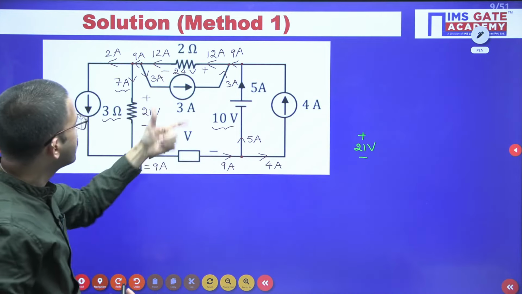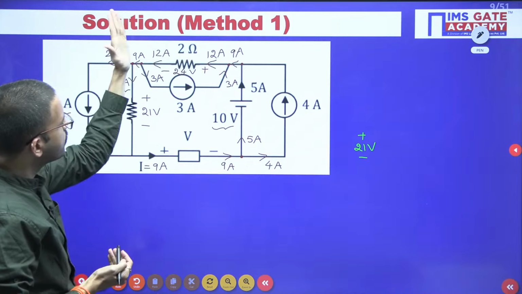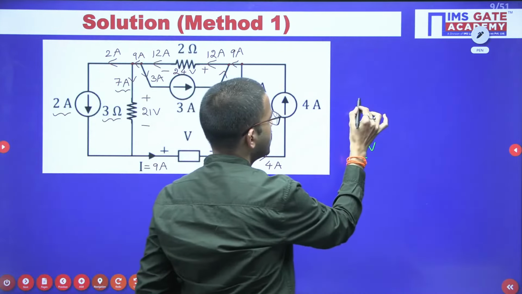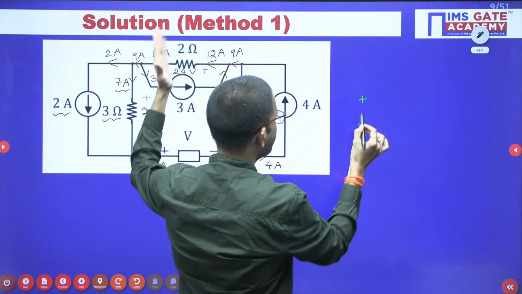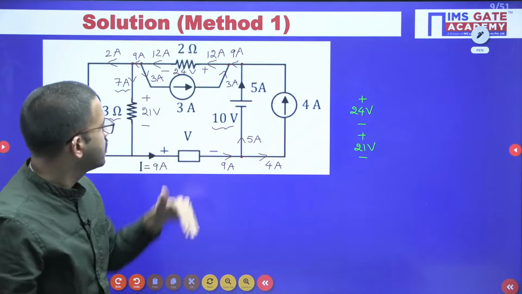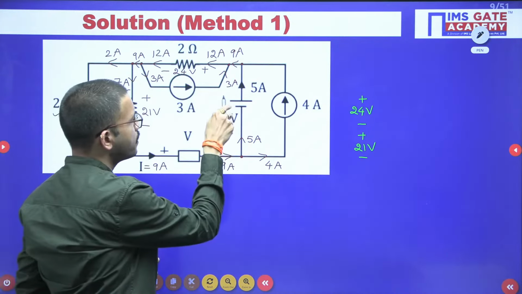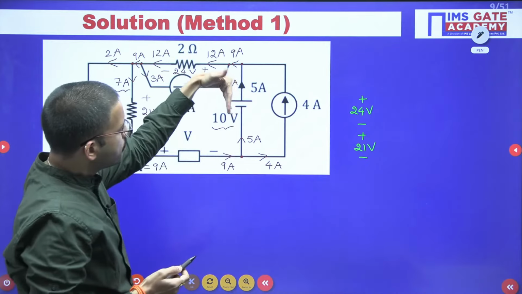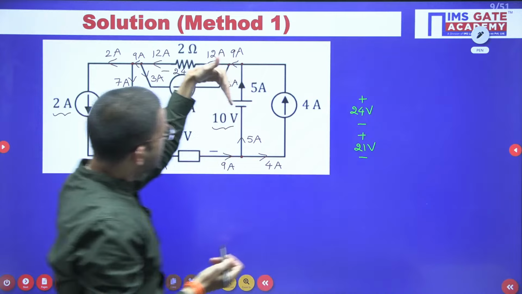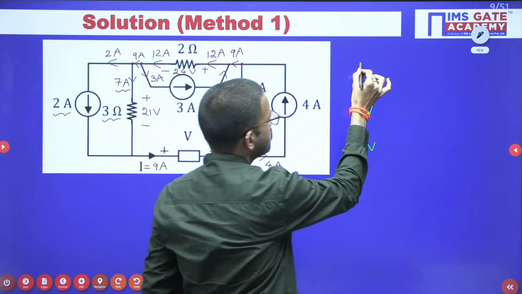I kept it as it is. Next, here I have plus minus 24. This branch I have kept like this, so here you will get plus minus 24 volts. And then here you have the 10 volt source. Here the polarities are plus minus. Now if I keep this one vertical, then you will get the polarities in the opposite way. So minus plus you will get.